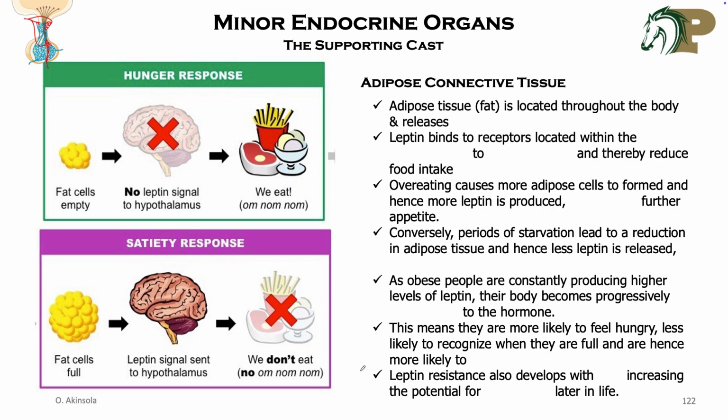And then finally here, we have our last slide for this video. Adipose connective tissue is located throughout the body and releases leptin. What leptin does is it will bind to receptors located within the hypothalamus to inhibit appetite and thereby reduce food intake.